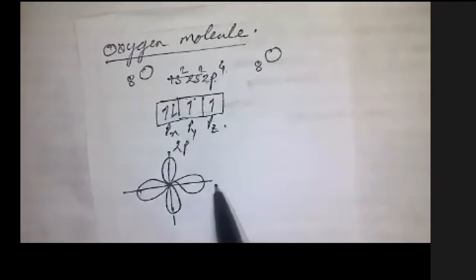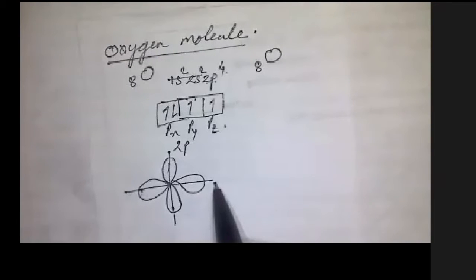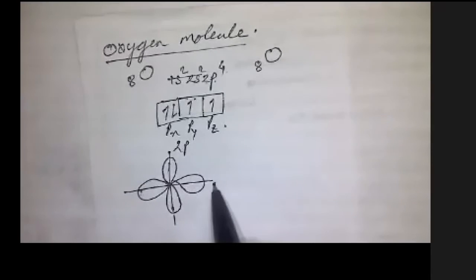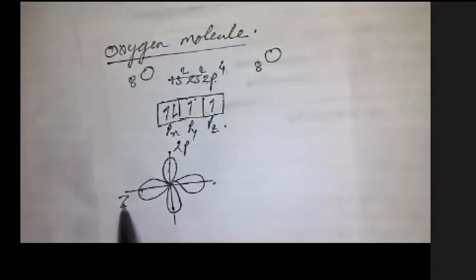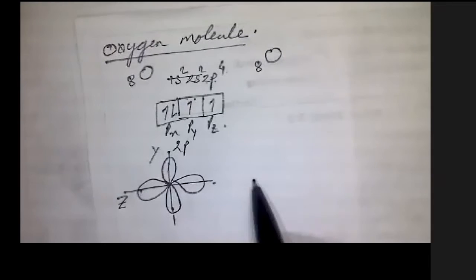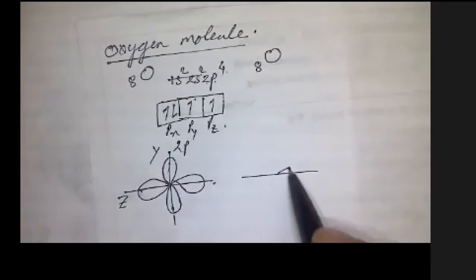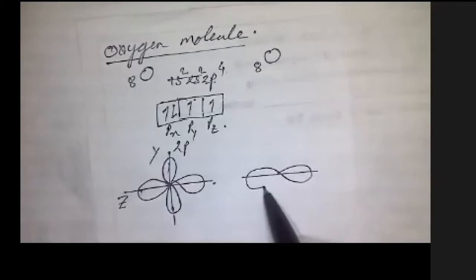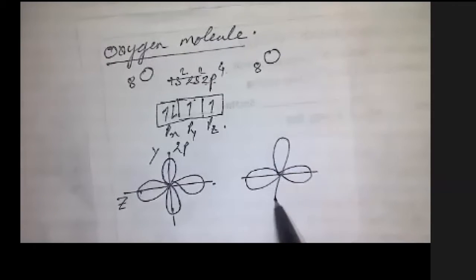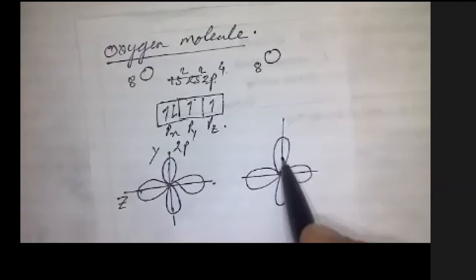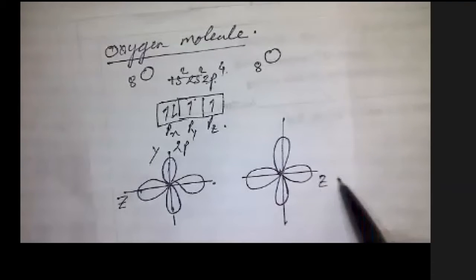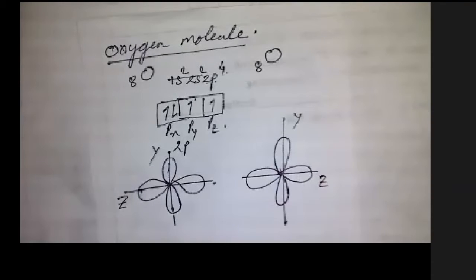So if I take this as your y-axis, then this will be your z-axis. I can take this as z because we have taken the previous one as z. So let's take this as y-axis. So here also you have this z-axis and then you have this y-axis. Isn't it? Now these two, what will happen? They have to overlap.